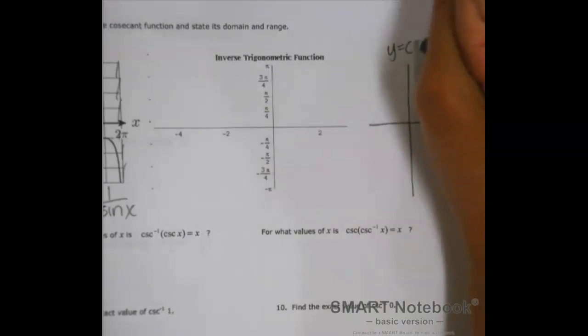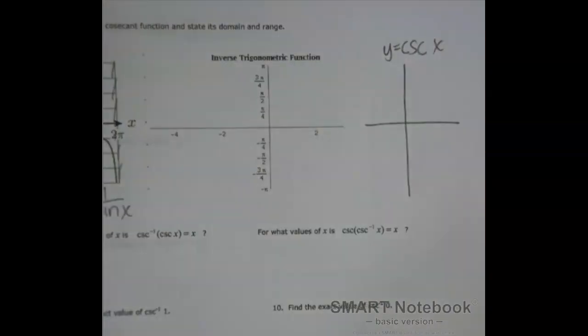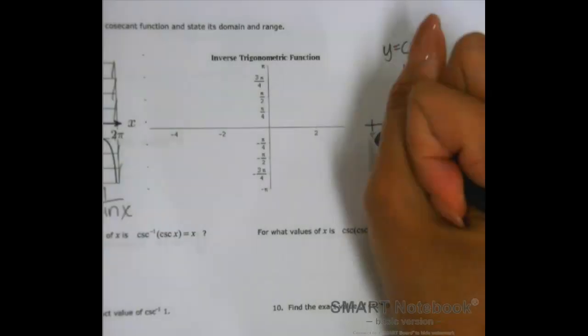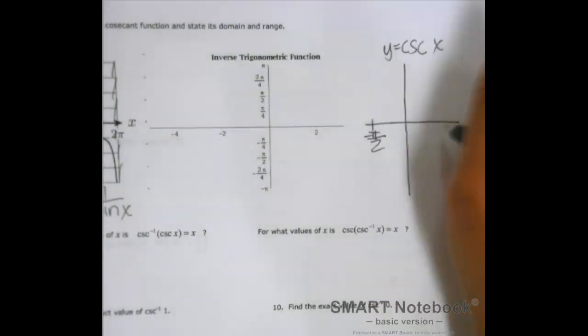So on my graph over here, we're going to recreate it. This is for y equals cosecant x. We're just restricting it to make it a one-to-one function. We have negative pi over 2 and pi over 2. At both of those, we have a point.